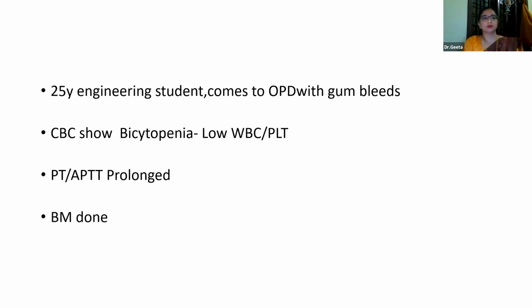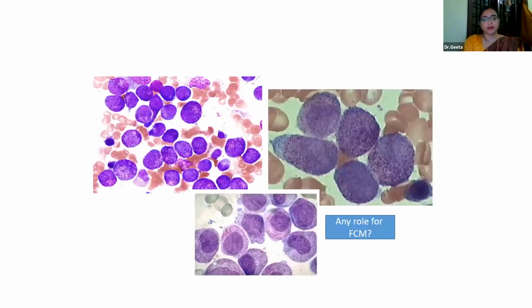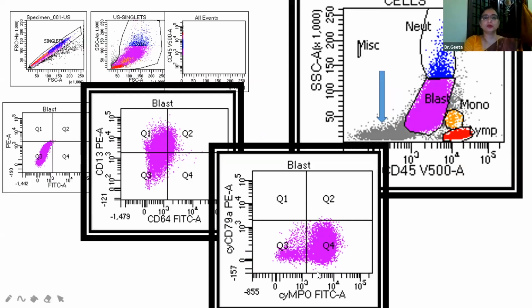Going on to another patient who is young, has bicytopenia and also PT and APTT prolongation. His bone marrow showed these typical hypergranular cells with a lot of phagocytes. You all understand these are consistent with APML cells. We run the flow, which shows good positivity for CD13, a neutrophilic marker, and also good MPO.